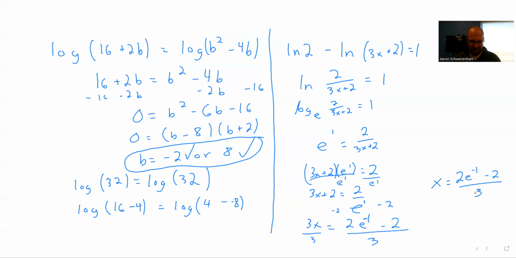So my value for x is approximately negative 0.421.